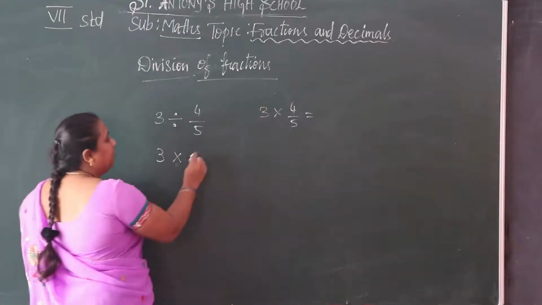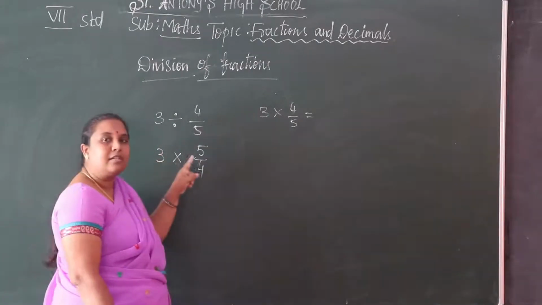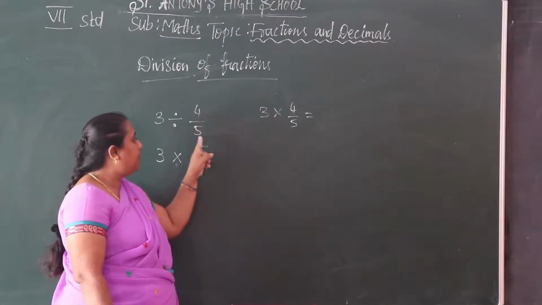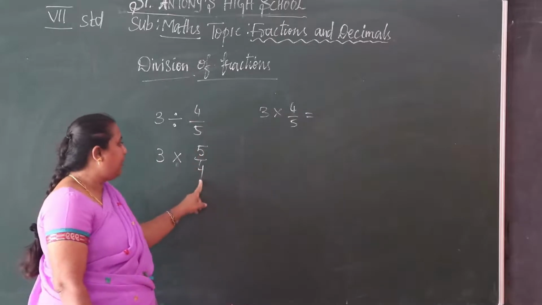The reciprocal of 4 by 5 is 5 by 4. So 3 into 5 by 4.